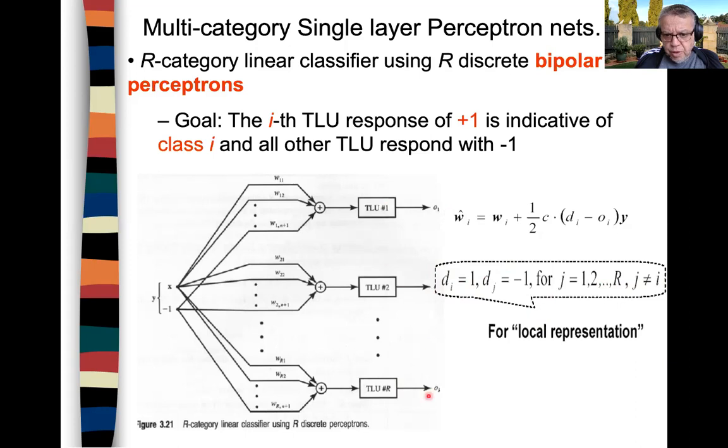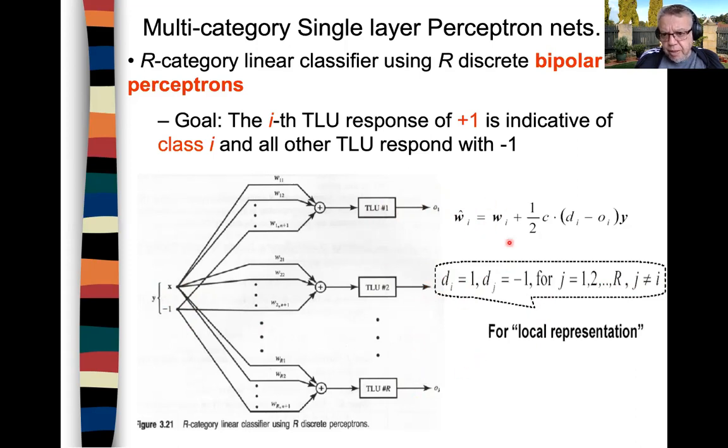So for example, if the features correspond to a cat, this would be 1, and the other outputs would be -1. If it's a dog, and this is the class for dog, we will have 1 here, and then -1 for all the other units.